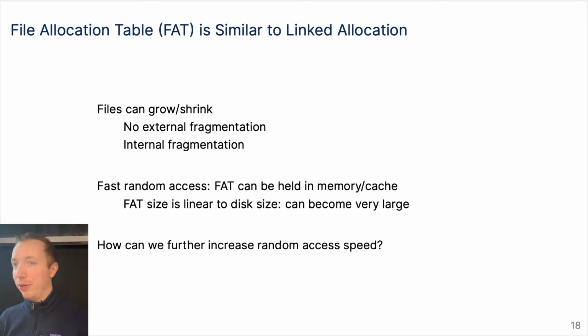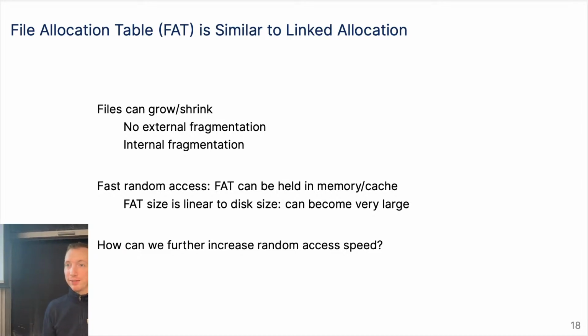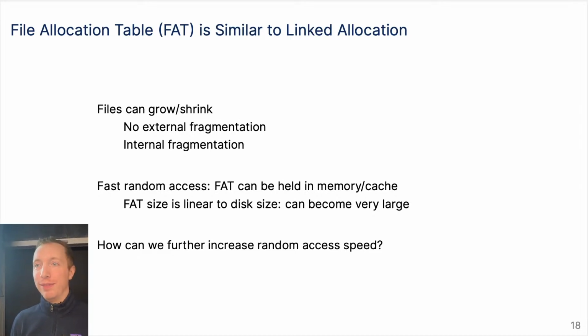So what could we do if we wanted to do something even better than a linked list? What is generally faster and easier than a linked list? A tree? What's simpler and faster? What, a stack? What about just an array? Array would be simple.